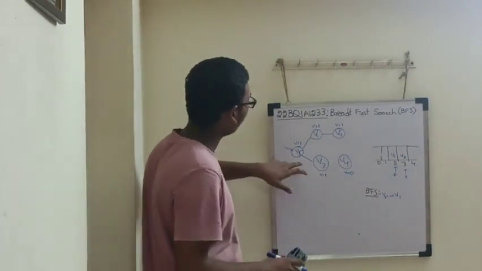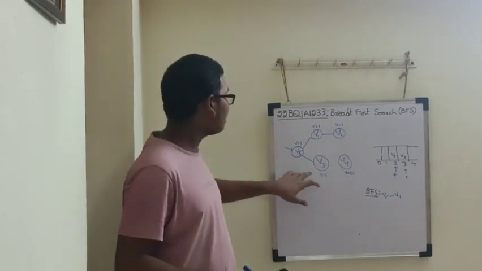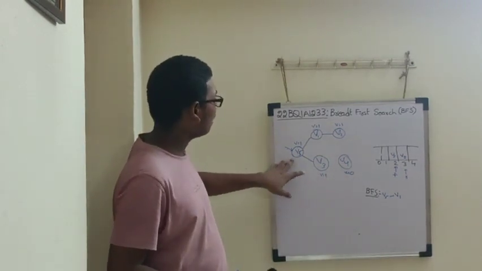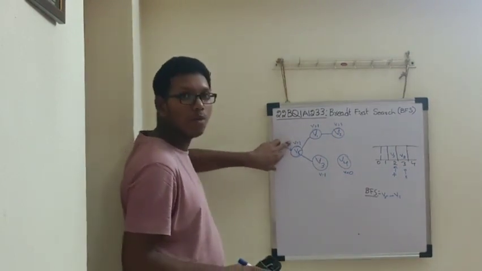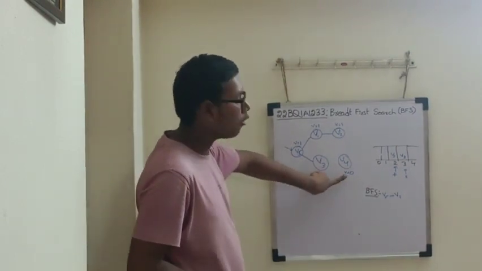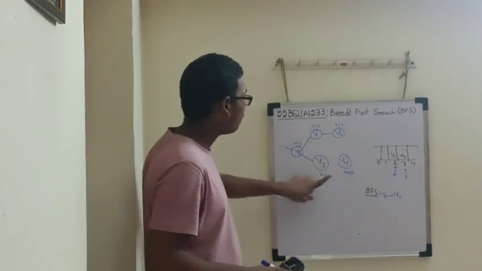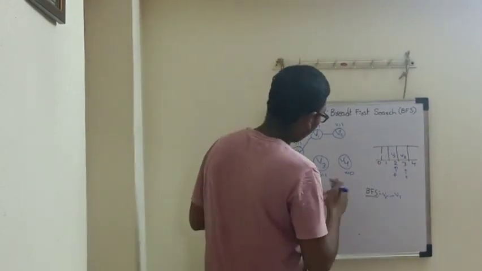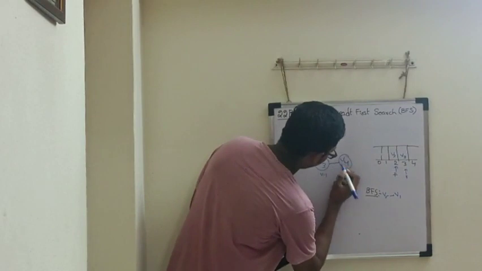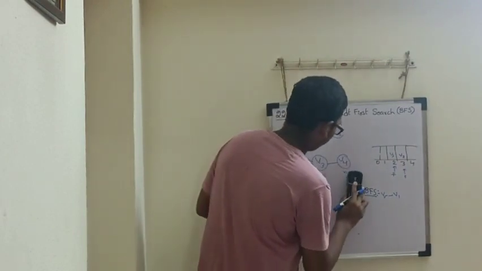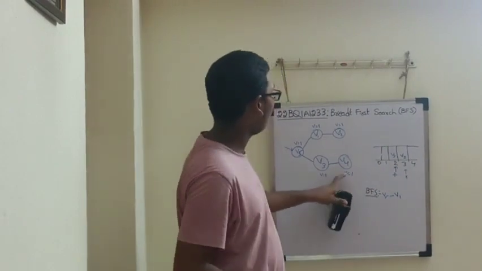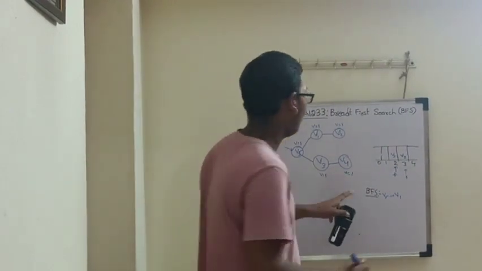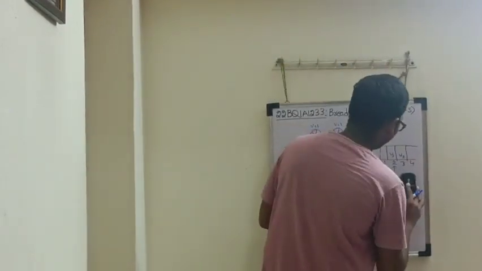So here we can see that V5 and V4 are the adjacent vertices of V3, but V5 is already visited since the visited value of V5 is 1, and V4 is the only one that is not visited. So I am going to visit V4 from V3. And here I updated the visited value of V4 to 1 and I am pushing it onto the queue.